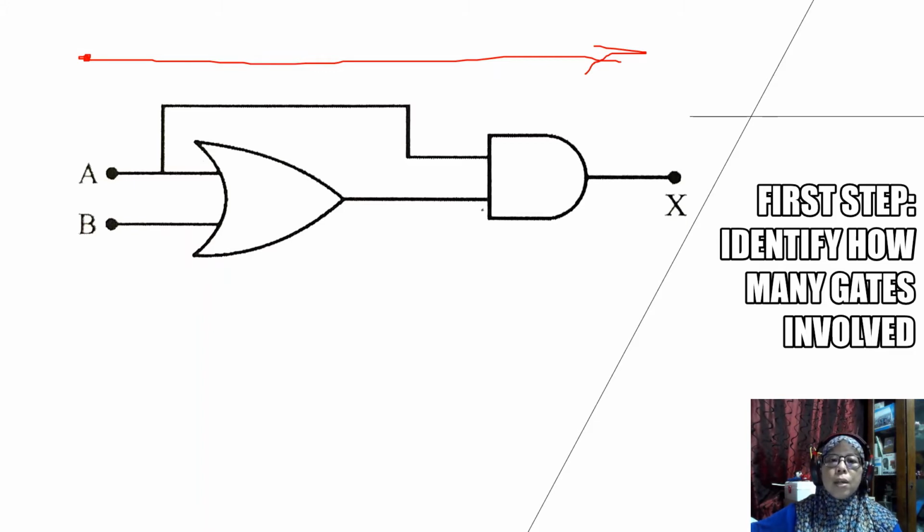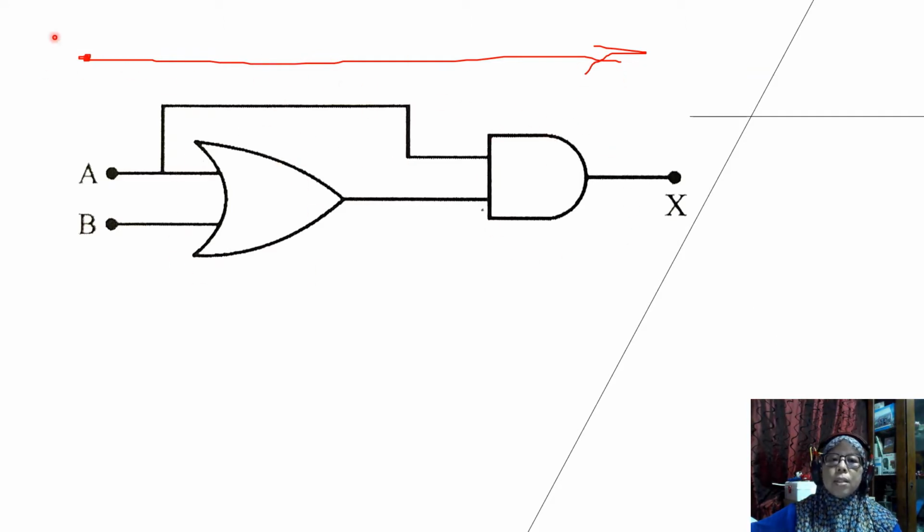So here we have two gates, which is the OR gate and also the AND gate. From left to right, kita tahu yang kita akan jumpa OR gate terlebih dahulu then AND gate. So maksudnya expression kita akan tulis OR lepas tu baru AND. Okay, that one is the first step.